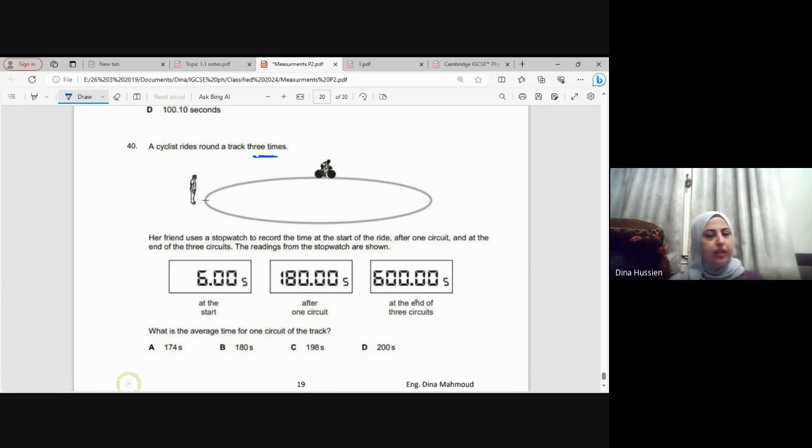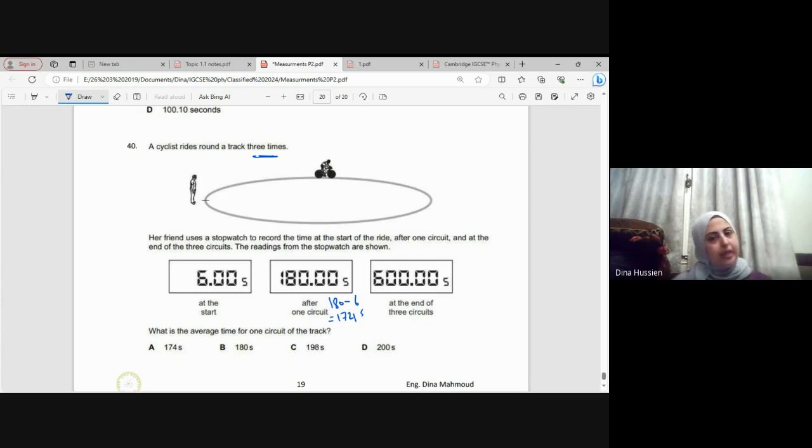So after one circuit, to get the actual reading I do 180 minus 6, which is 174 seconds. This is the actual reading for one circuit, because she didn't start from 0, she started from 6.